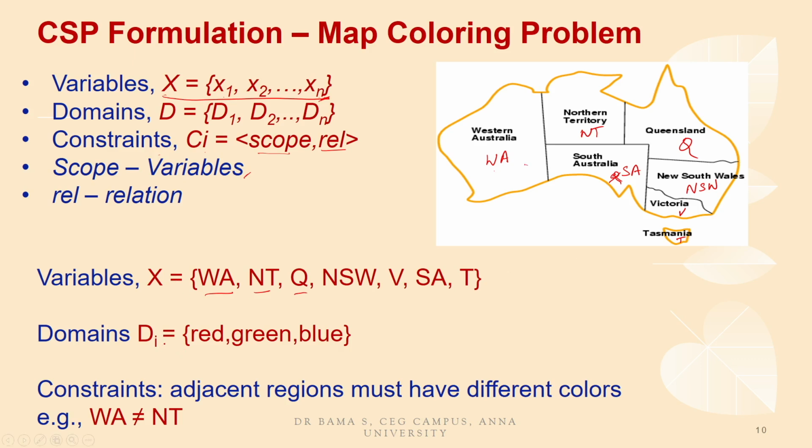For the domain, we are going to have three colors. The idea for this map is that no two adjacent regions should share the same color, and that is taken as the constraint. Here WA, which stands for Western Australia, should not have the same color as Northern Territory. We can represent that as WA not equal to NT. That means the color in WA should not be the same as the color in NT. So, this is the first formulation for this example.